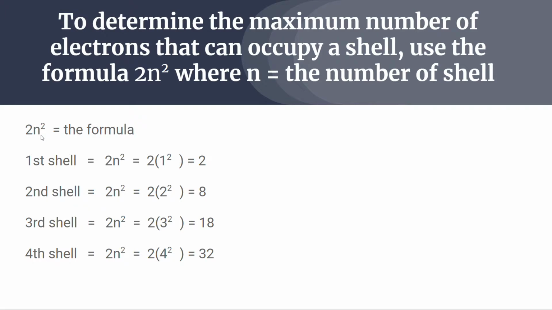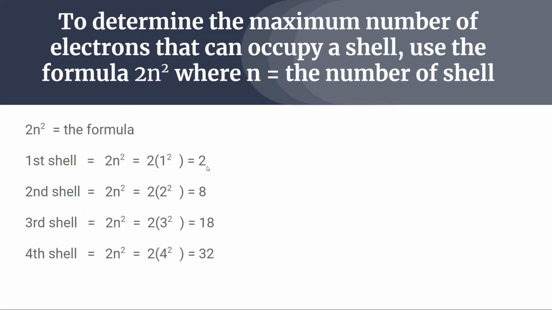So if we have the first shell, we apply the formula 2n squared, which will be common for all the shells. We replace n with 1 because it's the first shell, and 2 times 1 squared is 2.